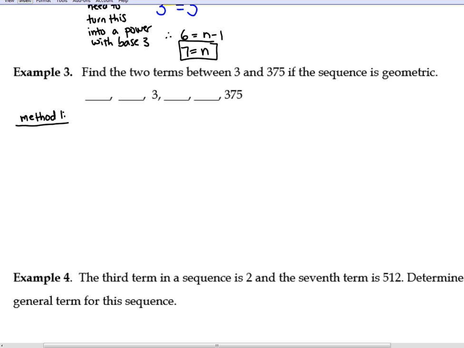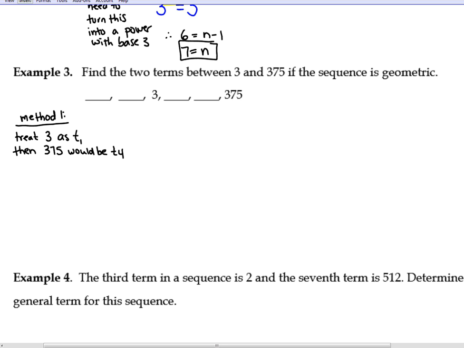Do you remember what we did? For given random terms. Treat 3 as the first term. So method 1 was treat 3 as term 1. Then 375 would be what? T4.